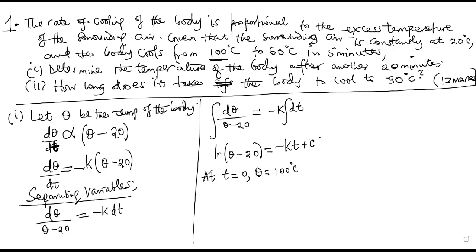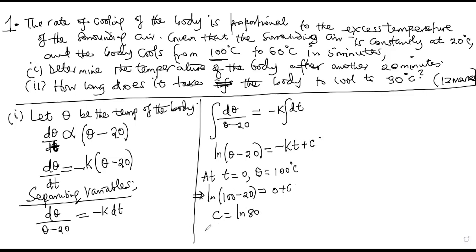What does it imply? It would imply that ln(100 minus 20) is equal to 0 plus c, implying that my c is ln 80, because 100 minus 20 is 80. Now, that c, because what we really need is the value of k. So now bring this c into this expression.